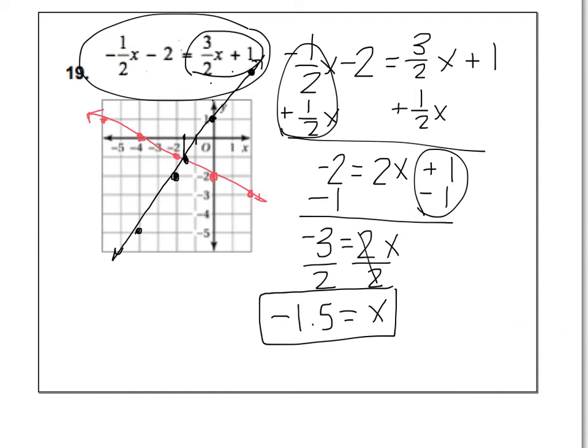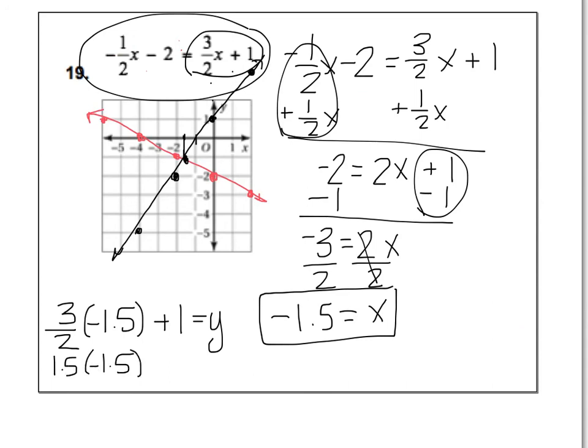So if I take 3/2 and I multiply by what my x was, negative 1.5, and then add 1, I'm going to get my y value. 3/2 is the same as 1.5, so I'm just going to convert so that they're both in the same form. 1.5 times negative 1.5 is negative 2.25, and if we add 1 to that, we should get our y value. Y would end up being negative 1.25.